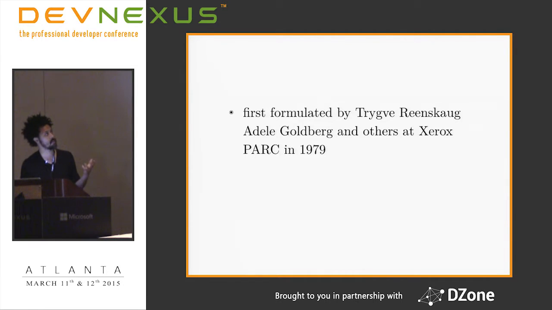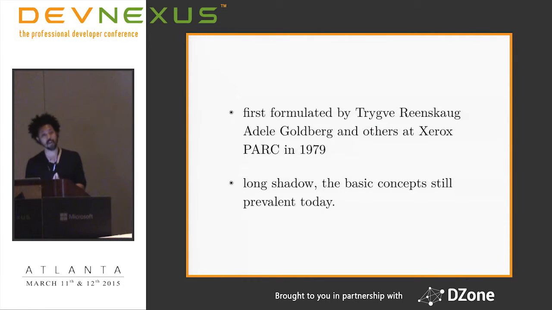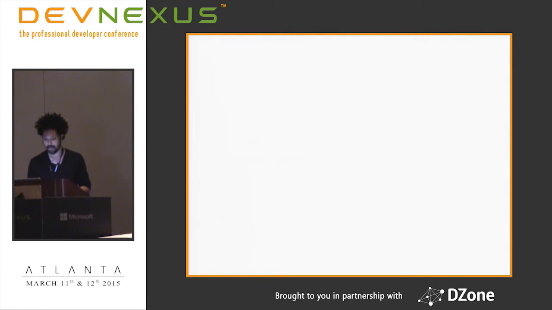The idea of MVC was first formulated by Trygve Reenskaug, Adele Goldberg, and others. You can still download to this day the research note that was passed around. Long shadow. I mean, people are still building MVC systems, still prevalent. In fact, almost any JavaScript framework you would download is some variant of the basic idea.